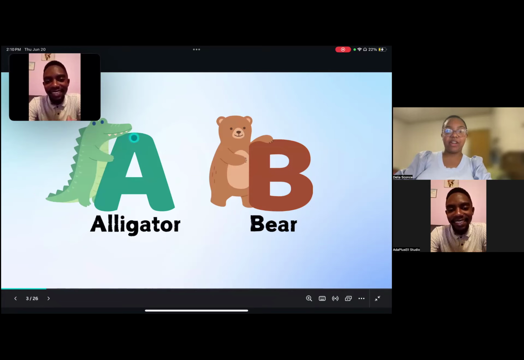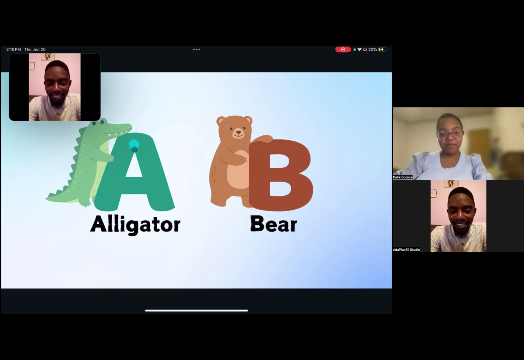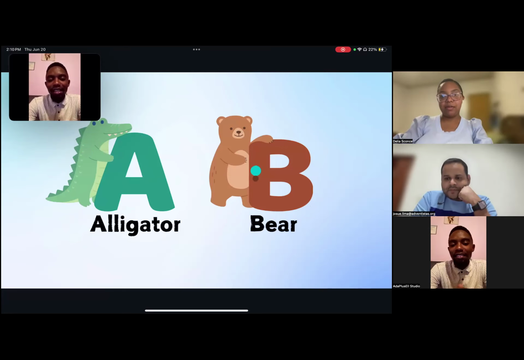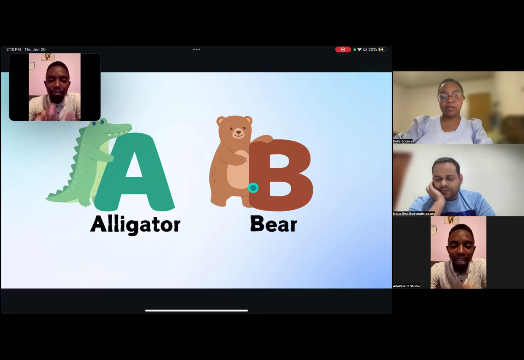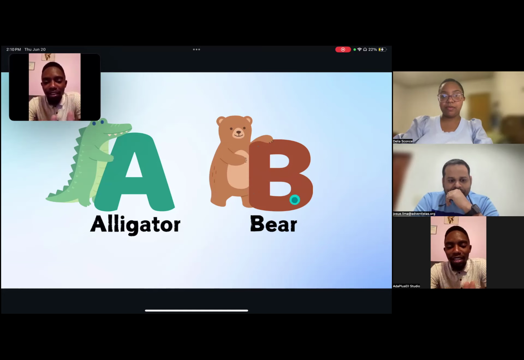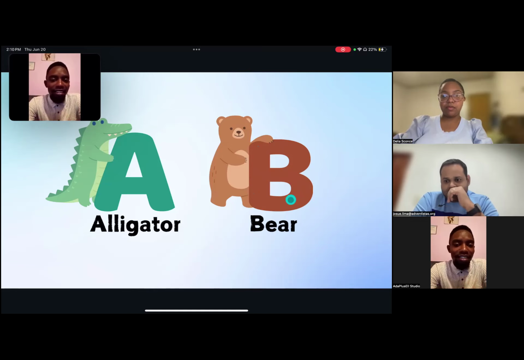We find alligators in the water. Yes, it's an animal that is basically found in water. And also we have a bear. It's also a wild animal, and we can find it in places where we have ice, and some of them also in forests.